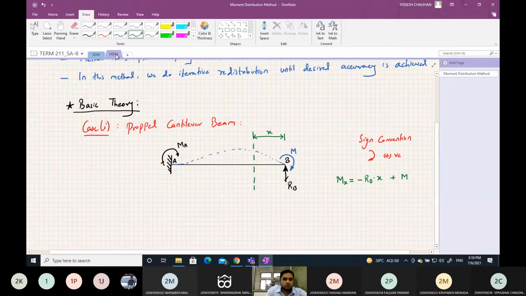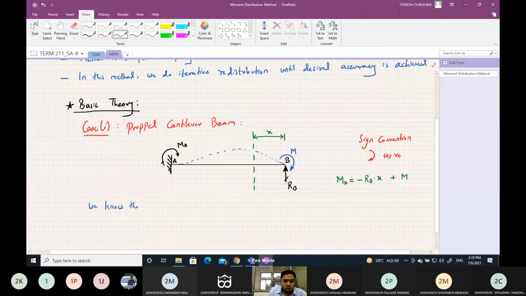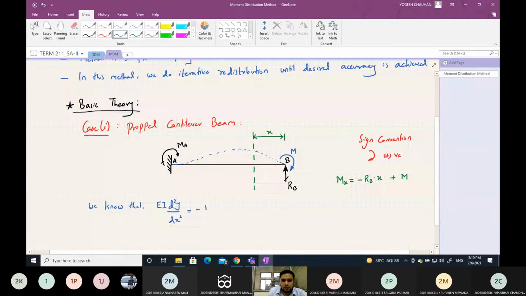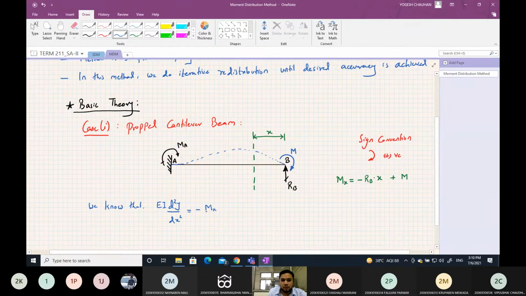Now we know that EI d square y by dx square equals to minus Mx. This is your bending moment equation.